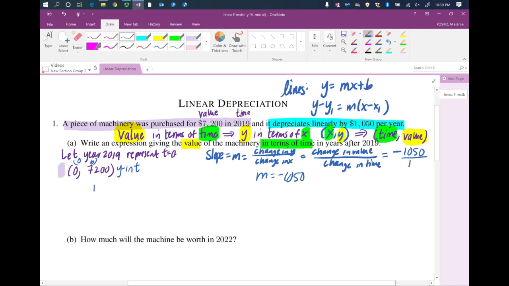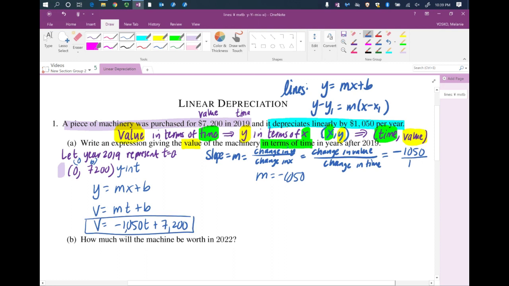Normally we have y equals mx plus b, but we have value and time, so we're going to say v equals mt plus b. If we do that, we can see that 0, comma b is 7,200. So this is my b. And we found the slope already, right? So v is negative 1,050t plus 7,200. That's one way to do it.